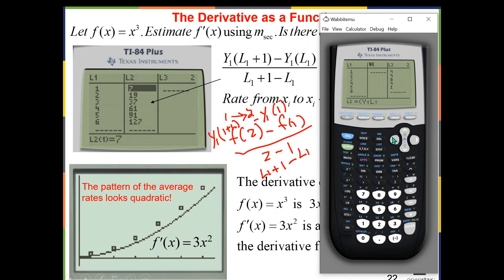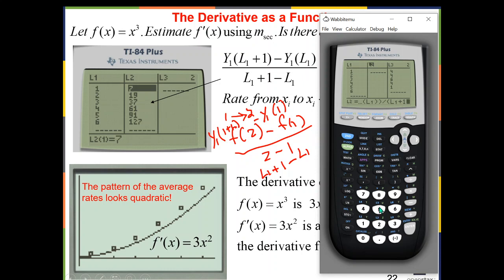I have to put parentheses first, and then L1 plus 1, and then minus, I go get y1 again, and then again parentheses, L1, and parentheses close twice, and then divided by, and then parentheses again, I put L1 plus 1.